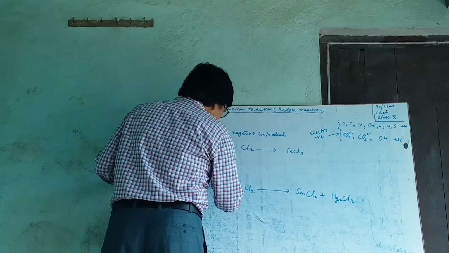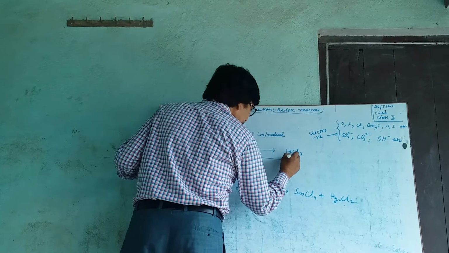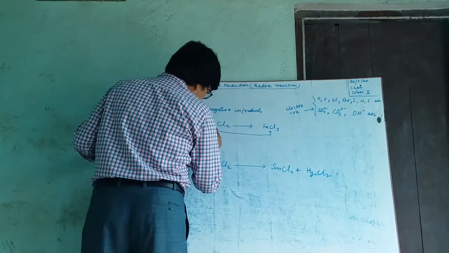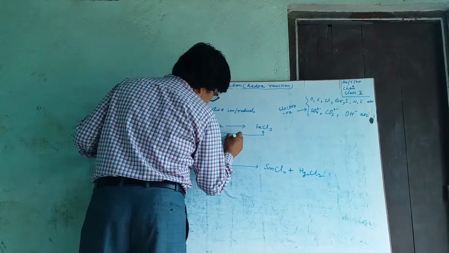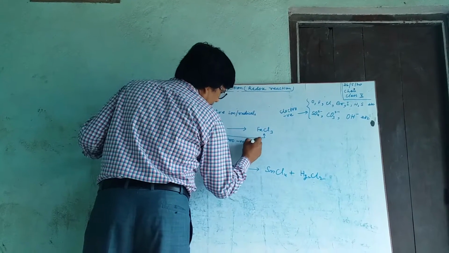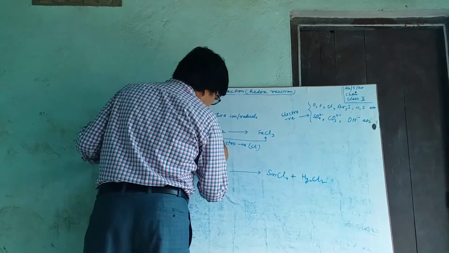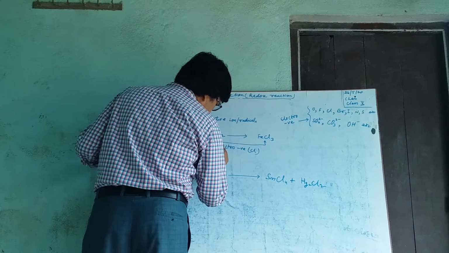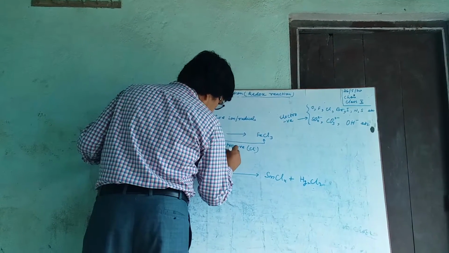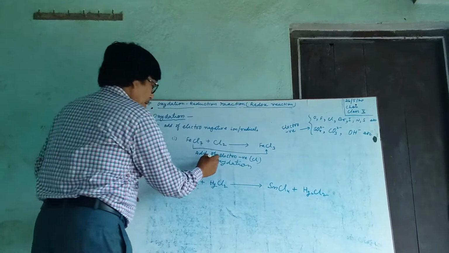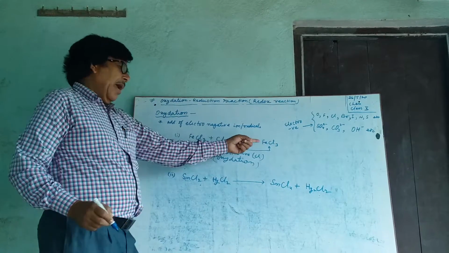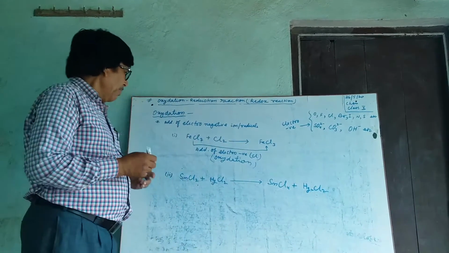Therefore addition of electronegative chlorine is called oxidation. Addition of chlorine is oxidation.